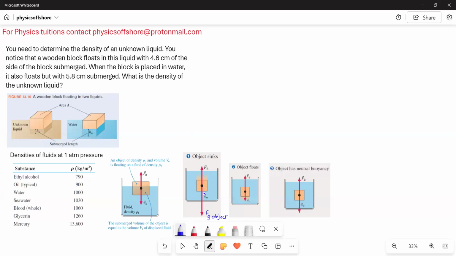That indicates that the density of the object is greater than the density of the fluid. I write here rho naught is greater than rho F. Suffix O represents object and suffix F represents the fluid.